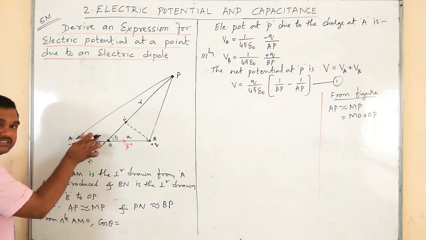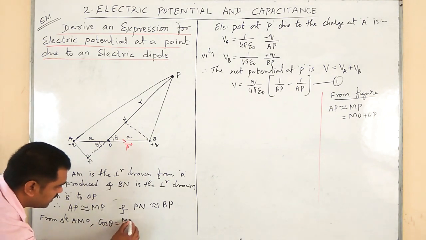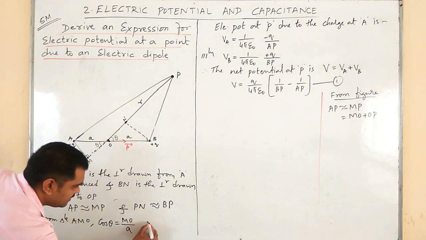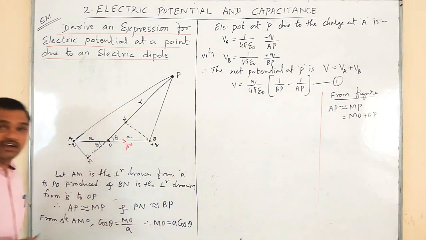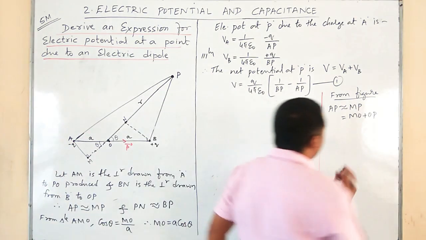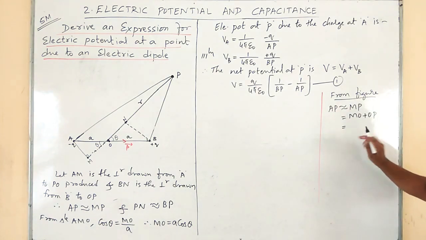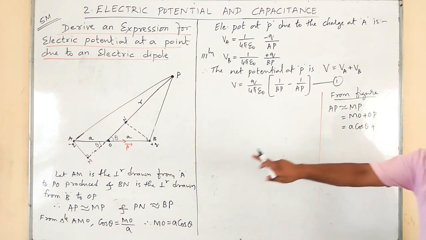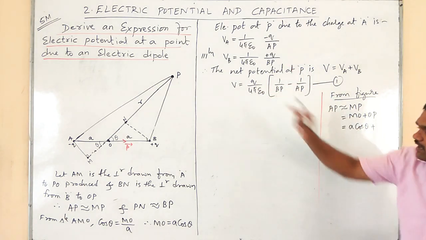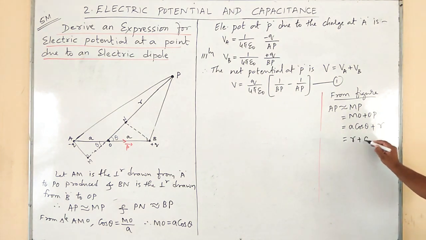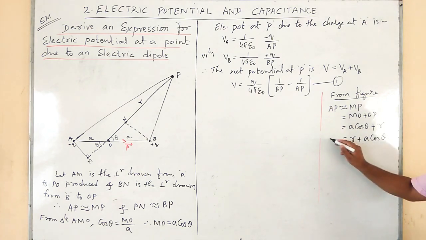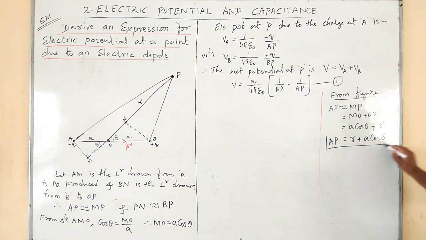That is, MO divided by A. Therefore, MO is equal to A cos theta. Put this MO value here. That is A cos theta plus, what is the value of OP? OP value is r. Otherwise, we can also write like this, r plus A cos theta. So this is AP value.